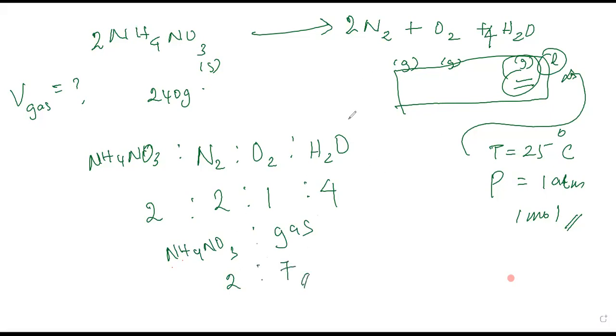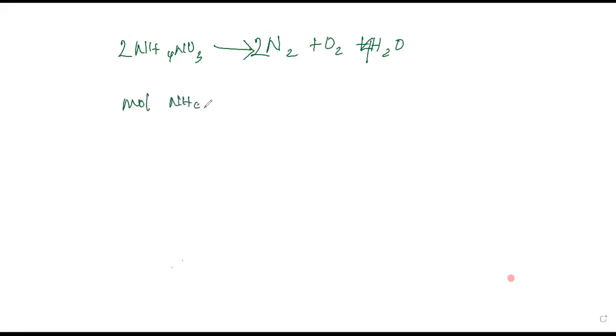Now let's redo the question. Okay, so when you do this, 2 ammonium nitrate should give N2, O2, H2O. We said this is 2, this is also 2, this is 4. So let's find the mole of the ammonium nitrate.